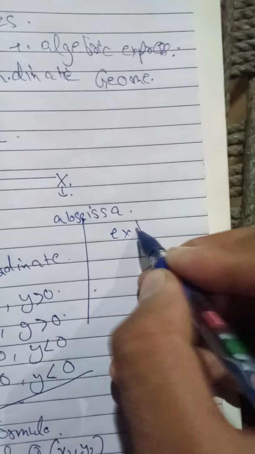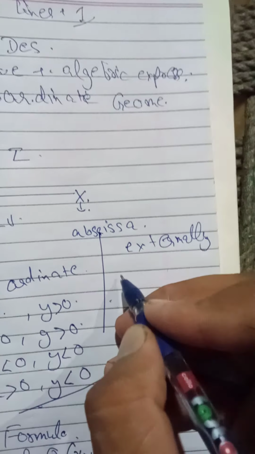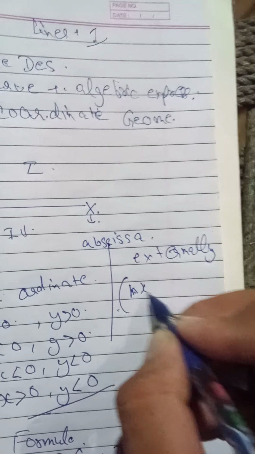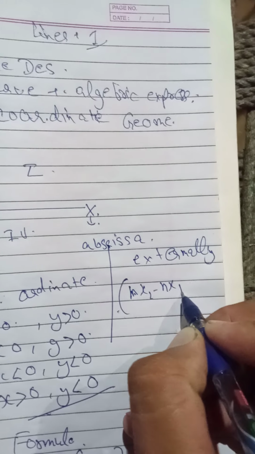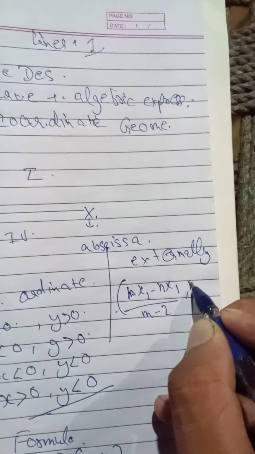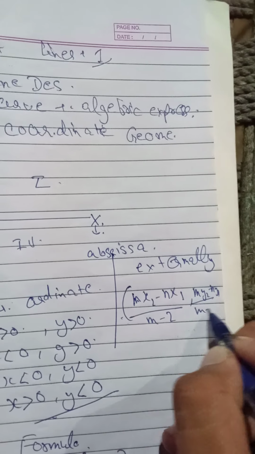If a point divides externally, then the coordinates will be given by (mx2 minus nx1) upon (m minus n), and the second will be (my2 minus ny1) upon (m minus n).